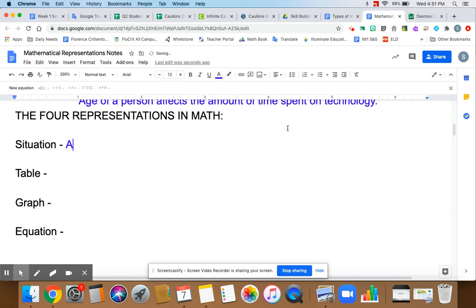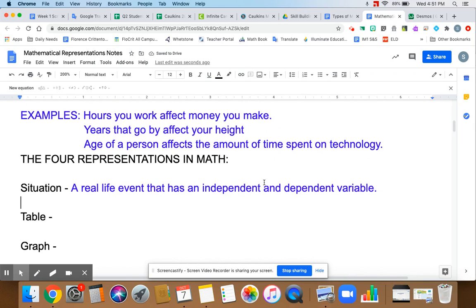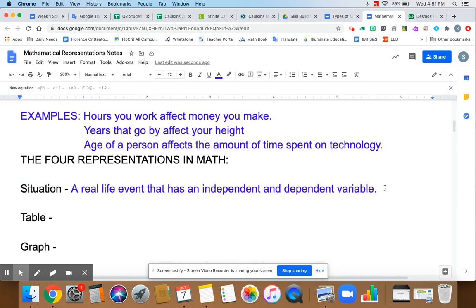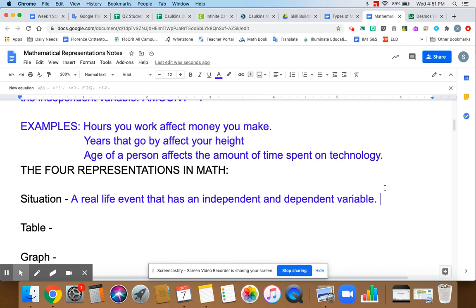So in math, I can always give you a situation. A situation is a real life event that has an independent and dependent variable. To make it mathematical, you need to have both the independent and dependent variable as a part of it. There are tons of real life situations. Like today I went to the grocery store.